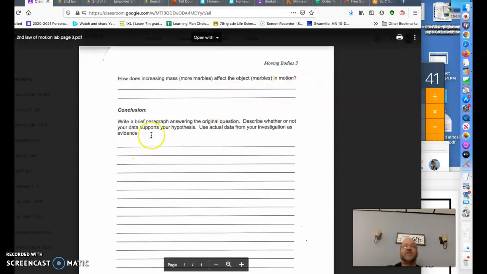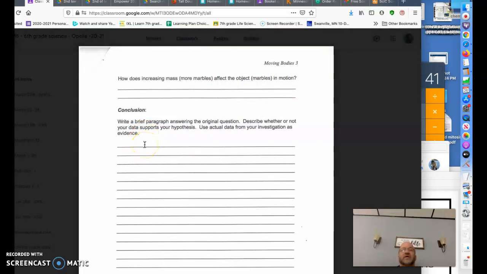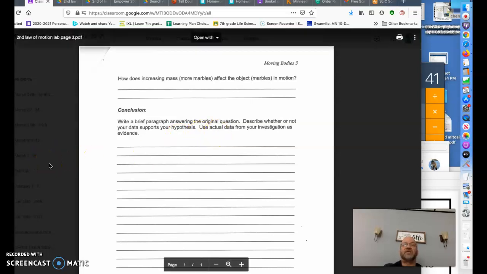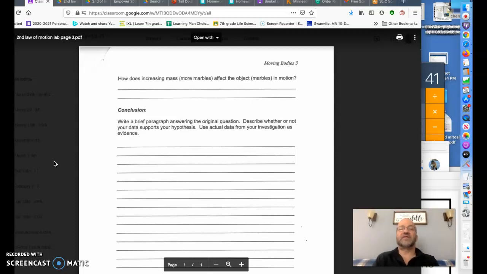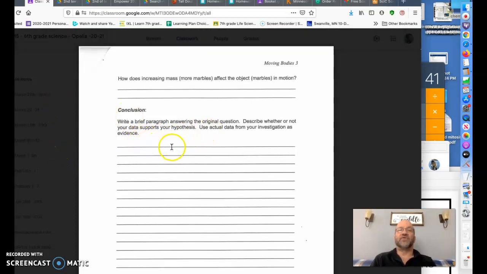And then right down here, what you're going to do is write kind of a short paragraph answering the original question, describe whether or not your data supports the hypothesis, and use actual data from the investigation. What does that mean? That means from that first sheet, when you wrote your hypothesis about how you think mass affects moving an object, you're going to tell whether or not you were correct.